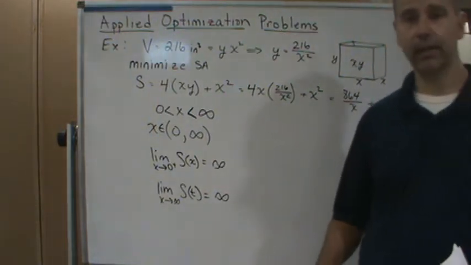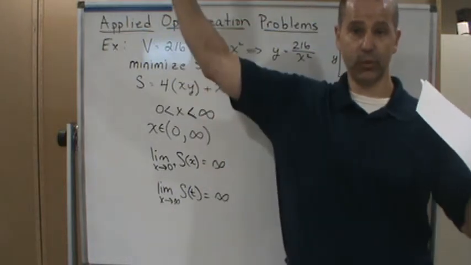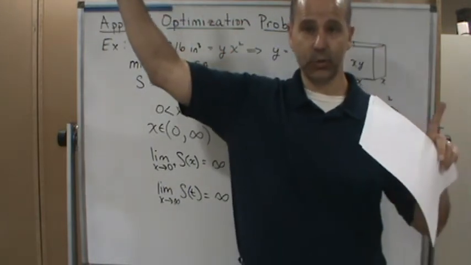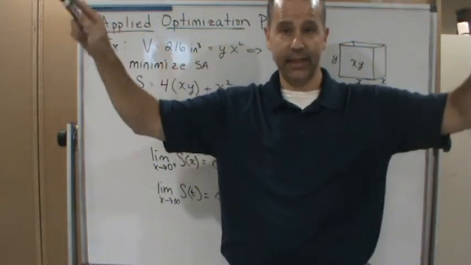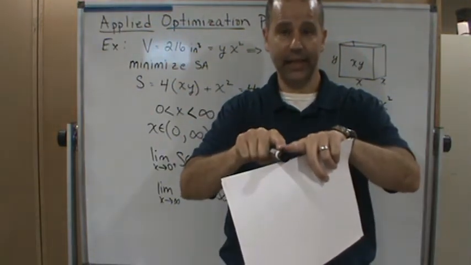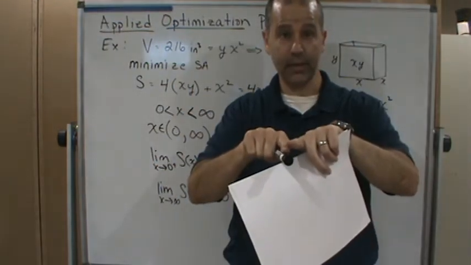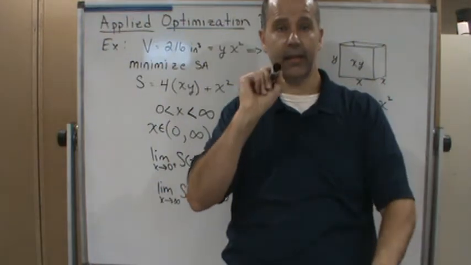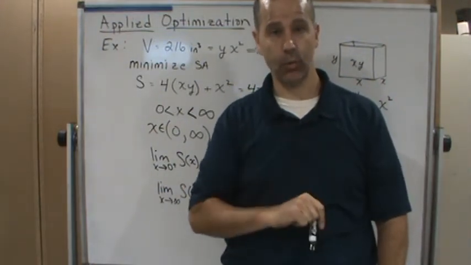What does that mean? It means that as x gets closer to 0, S goes up to positive infinity, and when x gets really big, S goes to positive infinity. So there has to be an interior point inside the interval where there's a minimum point. And that's what we're going to use.